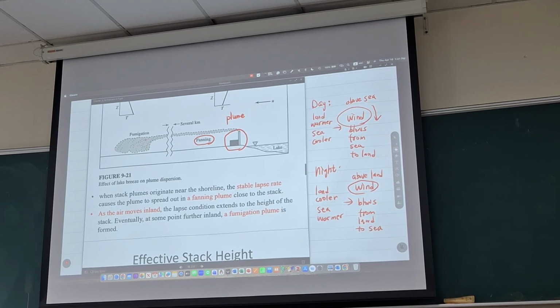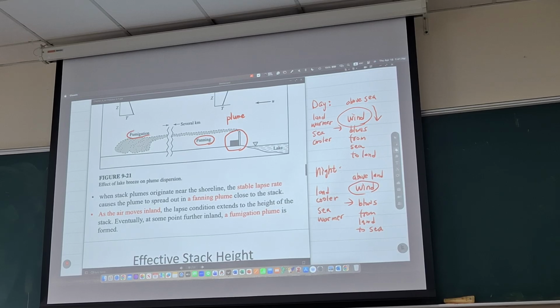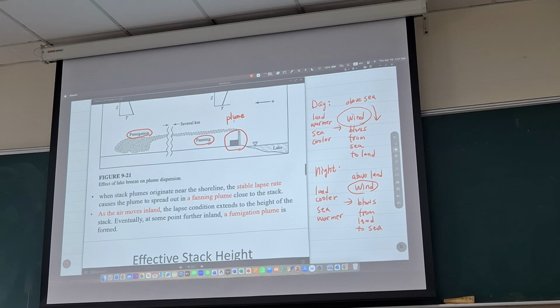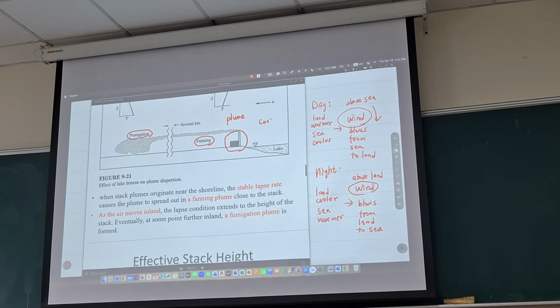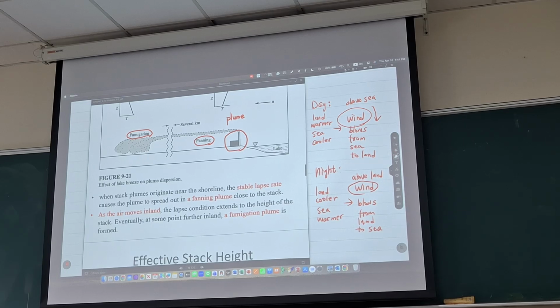The other one is called fumigation. Fanning plume means this plume is close to the lake, right? The air above the lake is cooler, as we just mentioned.